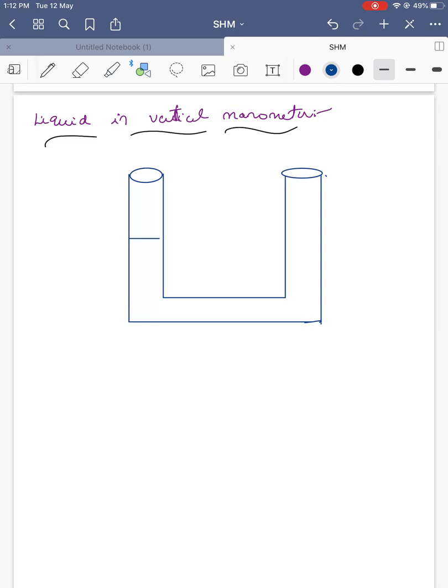Say initially the liquid level is at the same level.